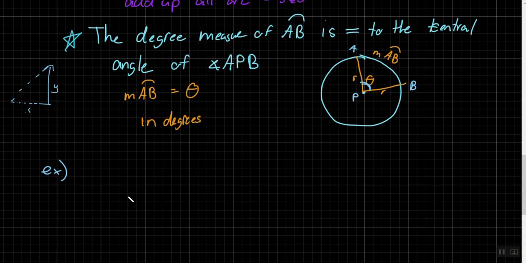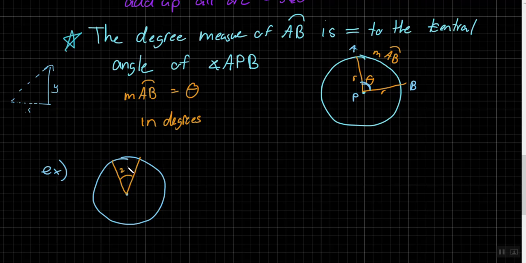I'm going to give you a circle. Rogelia, give me an angle, a number between 0 and 360. 25. Nice and small. Okay, 25 degrees.